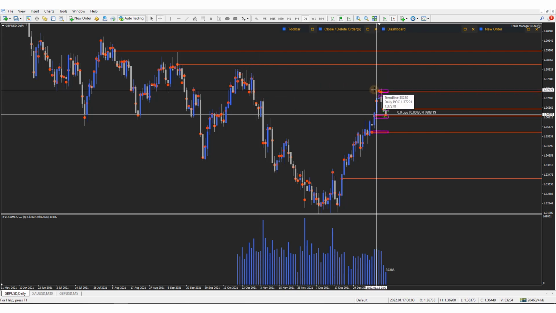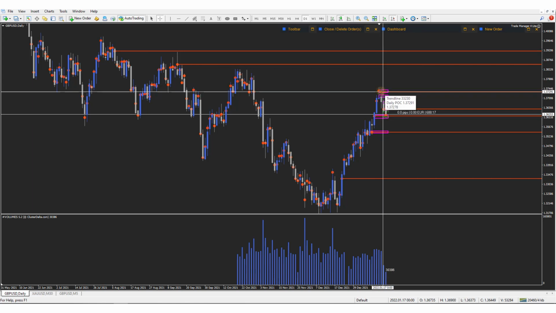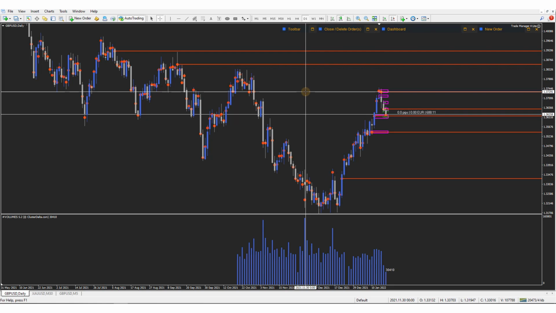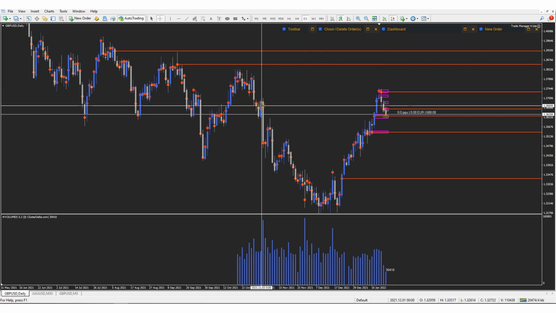Take a look at what happened here. Price was distributed from here, and we could expect a big drop. So I am now taking bigger focus on these high volume levels. If it's already taken, I am deleting this.